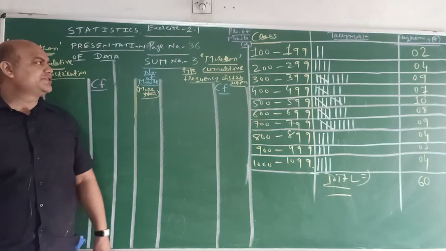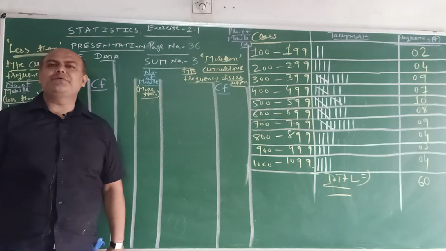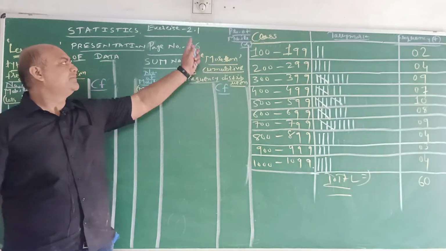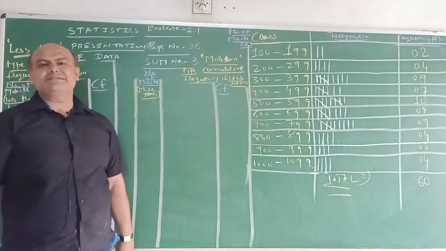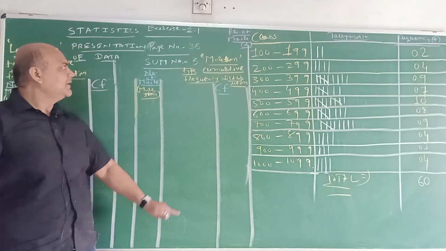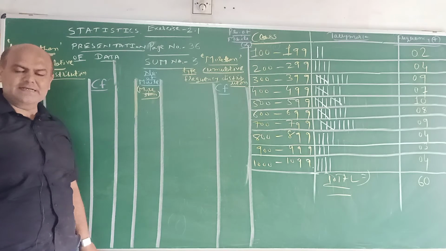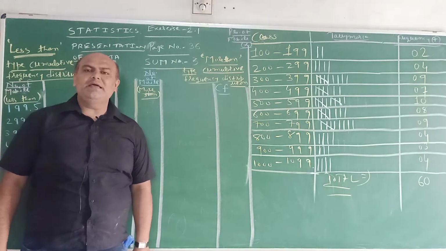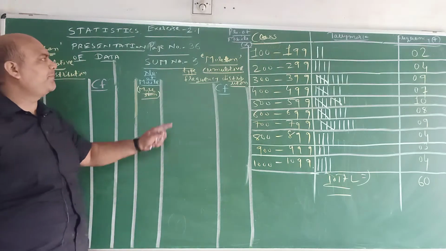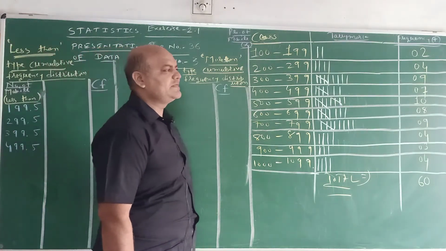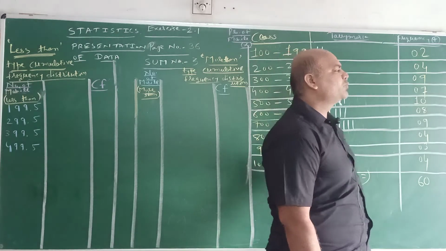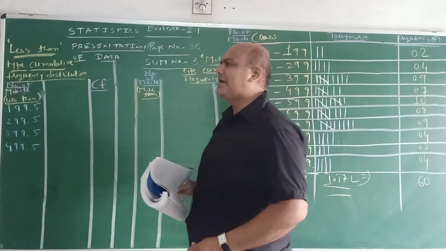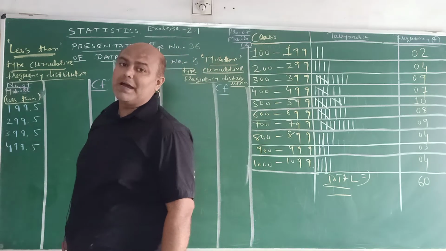In this chapter, in the last video lecture under home learning, we took a sum of exercise 2.1, page number 36, sum number 3. In that sum, we prepared the continuous frequency distribution. Students, you know that they provide us the manufacturing of number of mobile phones.